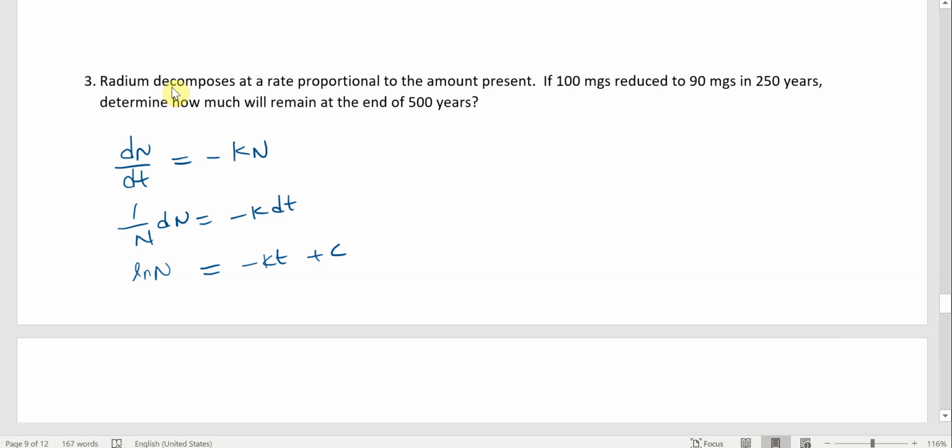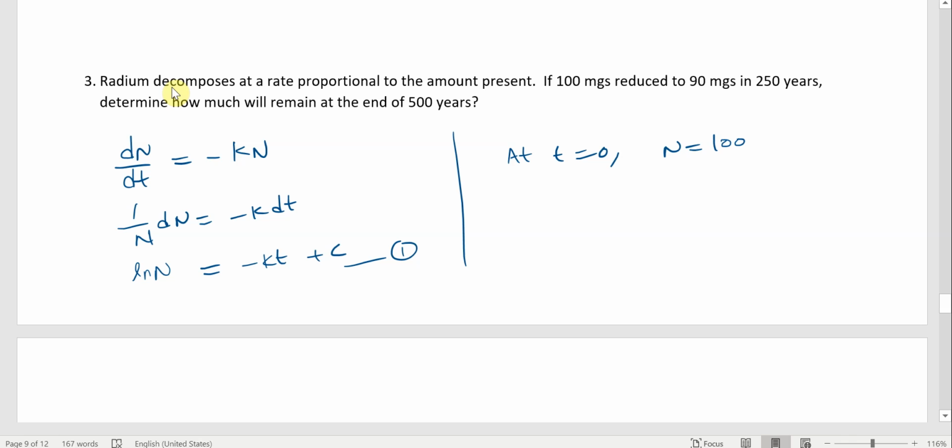See, this step is common every time. Later, at time t0, always time 0 in any question I am taking, n how much? For the first step, 100 milligrams reduced to 90 milligrams in 250 years, that means initially at time 0, at the beginning, it was 100 milligrams.